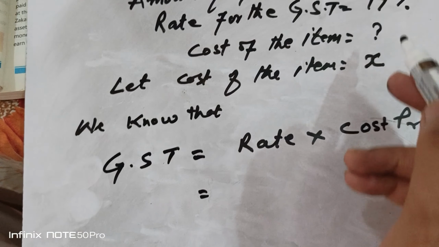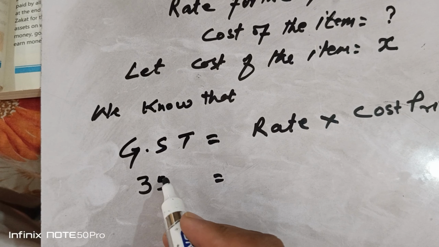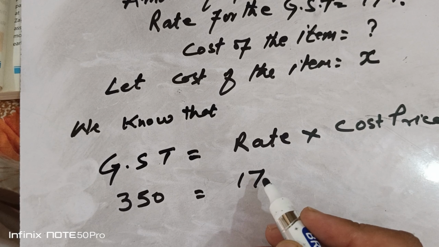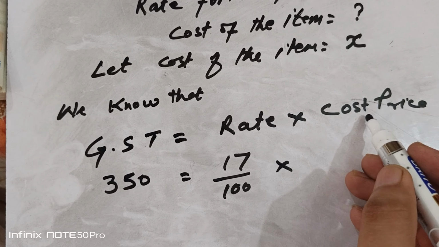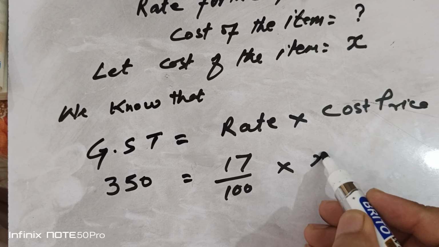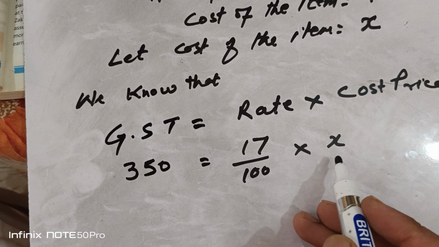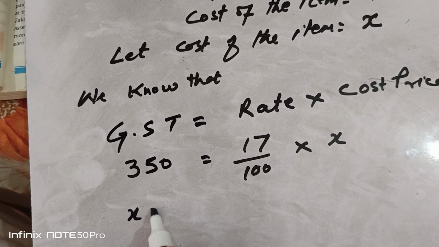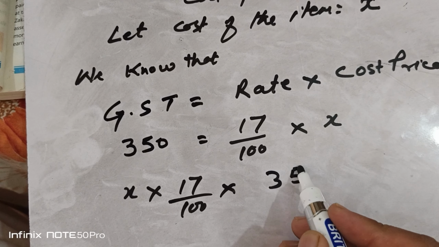As GST is given here, this amount of GST which is 350, and rate is already given which is 17%. Let cost price or cost is equal to X. So we have put the values of GST and rate, and now as we have to find cost, we can write X into 17 by 100 equal to 350.